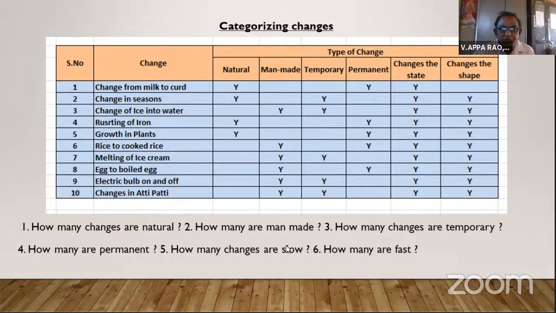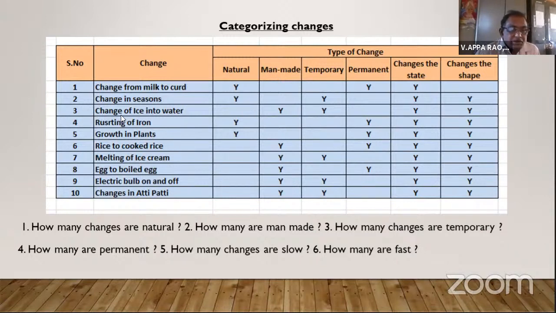How many changes are slow? Here, 5 changes are slow and 5 changes are fast. Slow changes are change from milk to curd, change in seasons, rusting of iron, growth in plants, change of ice into water.